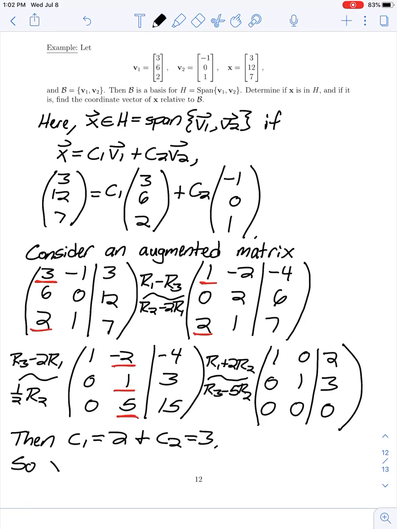So we've established that x is an element of H, and the coordinate vector for x relative to this basis B is the vector 2, 3. All right. So this last example illustrates that the span of a set of two vectors in space is isomorphic to the real plane R2.